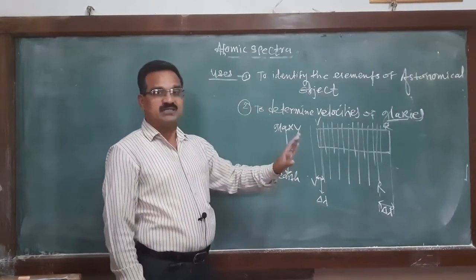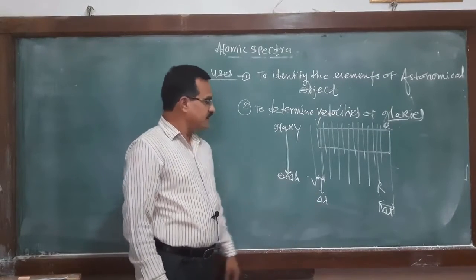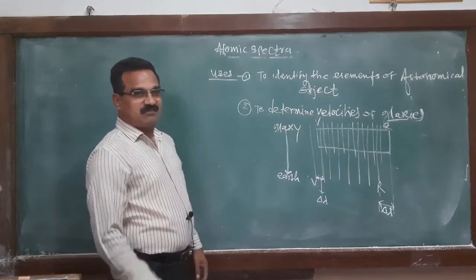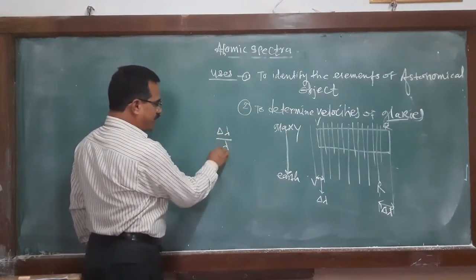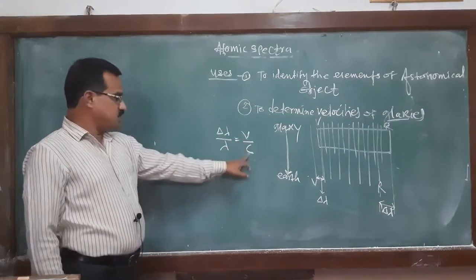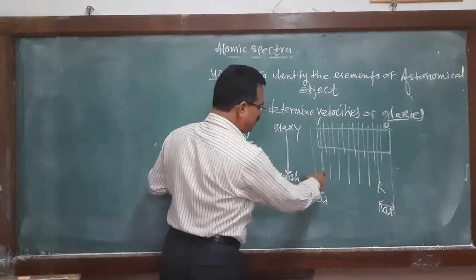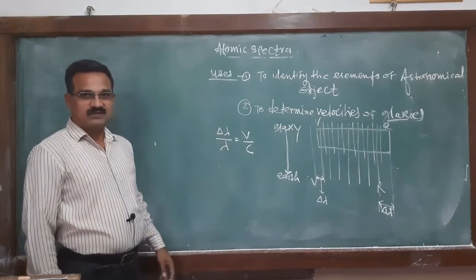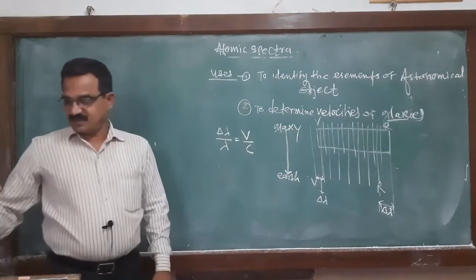Such a shift we call a blue shift. By measuring this shift, we can find the velocity of the galaxy using the formula del lambda upon lambda equals V upon C, where C is the speed of light, lambda is the wavelength, and del lambda is the change in wavelength.